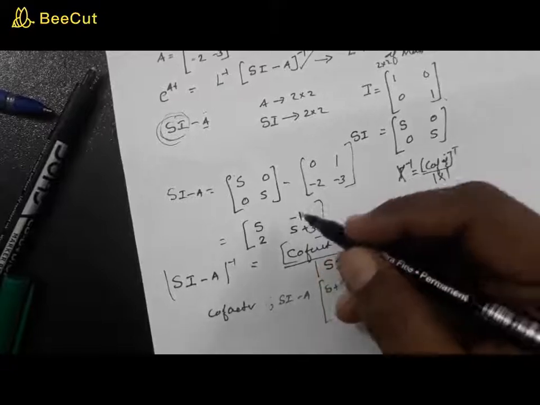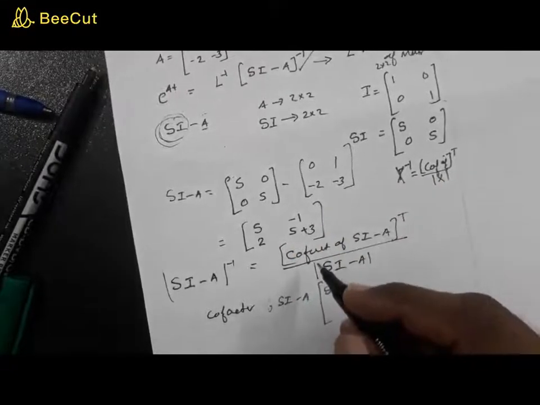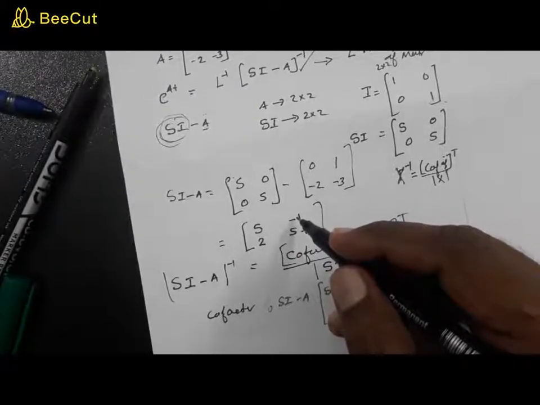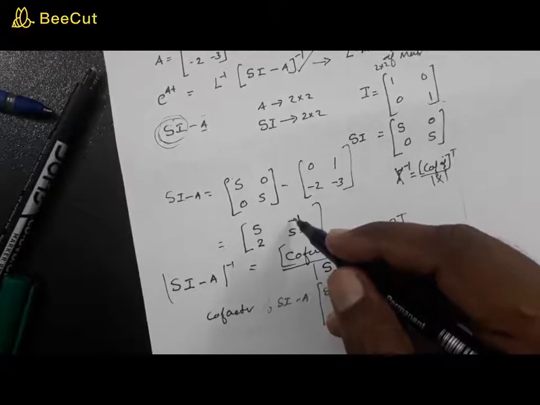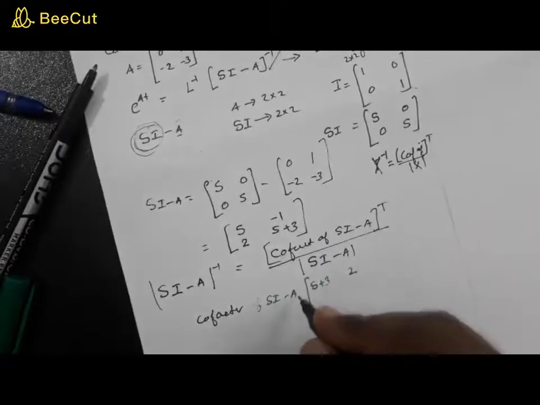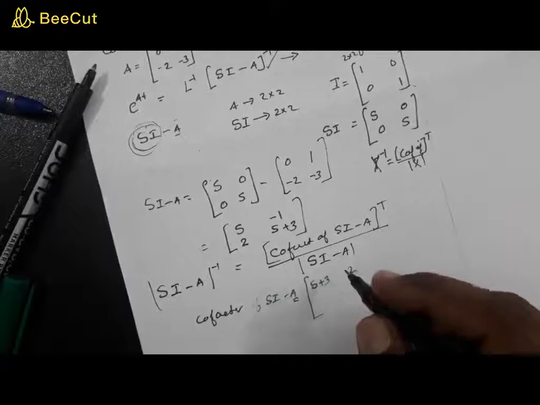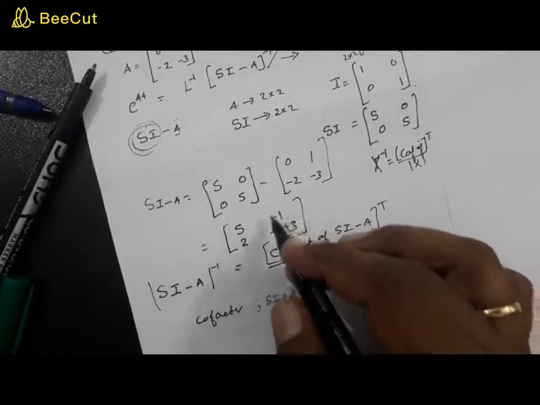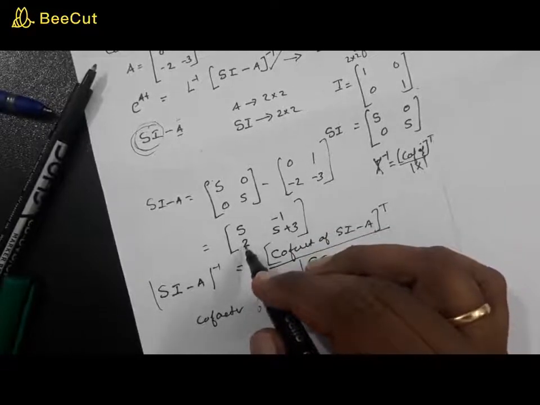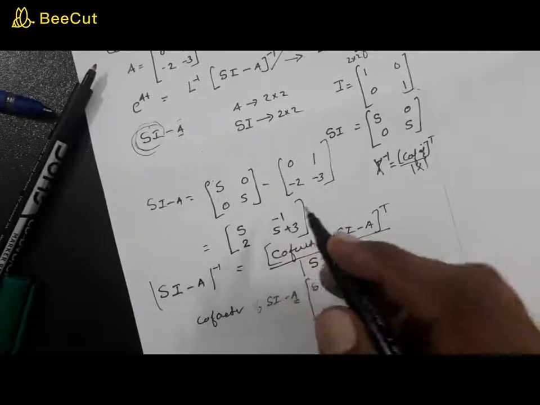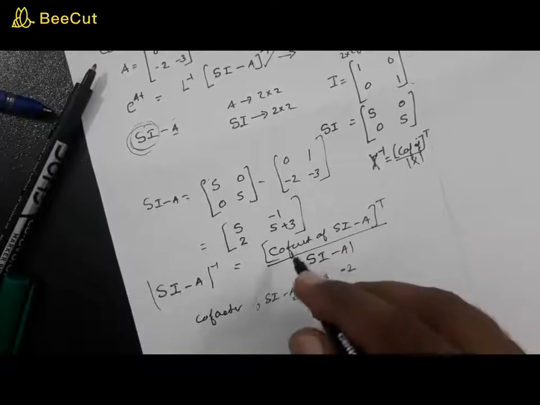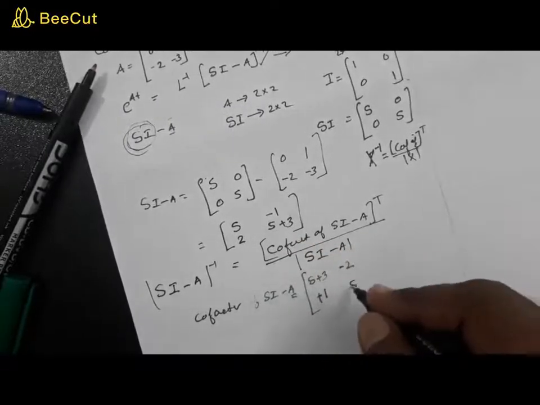So this is the cofactor of minus 1. When you take it, this becomes 2, so this is minus 2, right? It is the negative of that element. Now coming to this, again you have a negative of this, so this is minus 1 or plus 1, right? And finally the cofactor of S plus 3 is S.